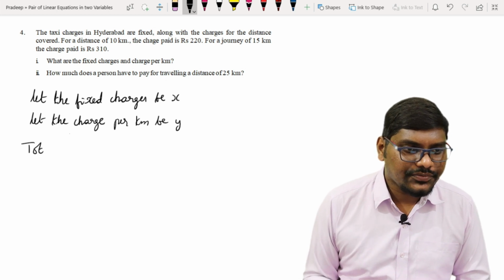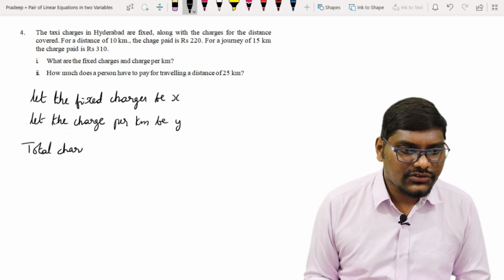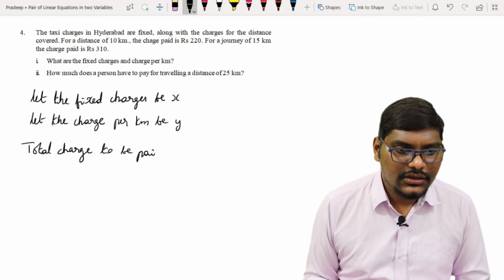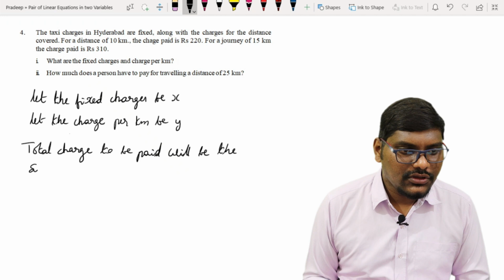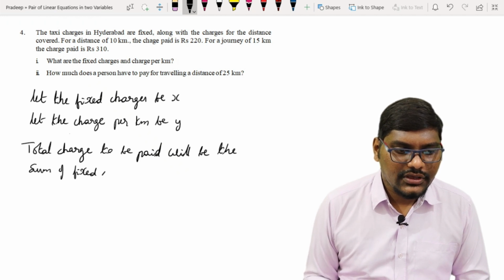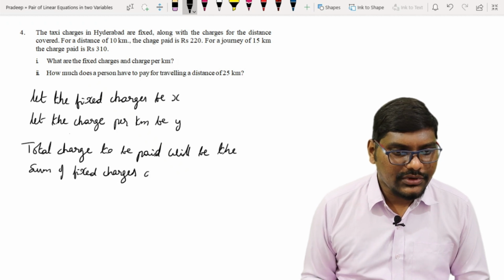So I can write, the total charge to be paid will be the sum of the fixed charges, and also we have to pay the charge per kilometer.